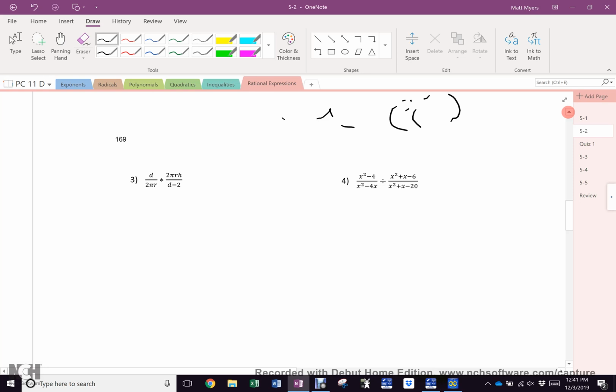Okay. What I'm suggesting is, can't this 2 pi r just all disappear? Yeah. And can't this 2 pi r just all disappear? Yeah. Leaving me with what? D, dh over d minus 2. Is that done?